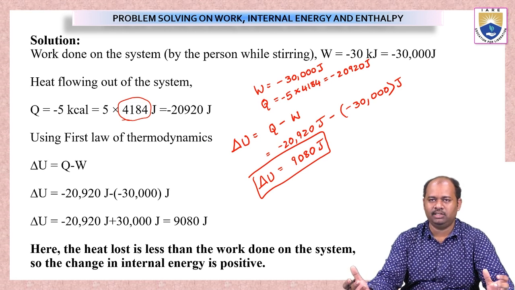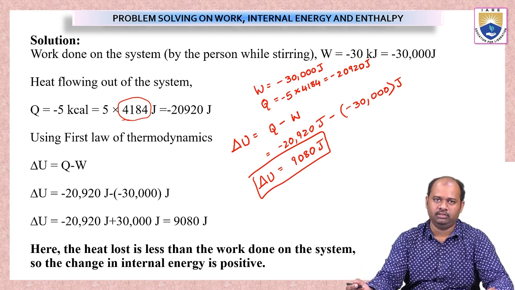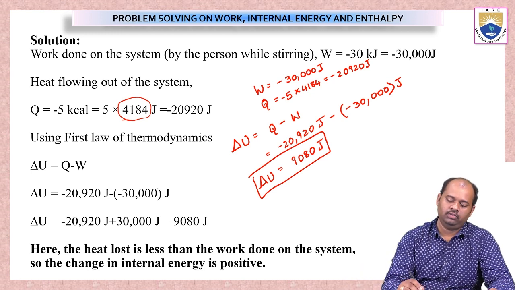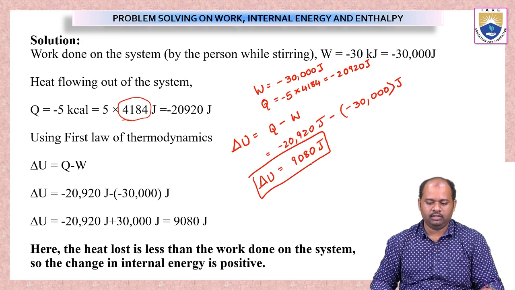So we have to change the signs accordingly and calculate the change in internal energy. The change in internal energy in this question is about 9080 joules. So these are the numerical examples that are calculated on internal energy, enthalpy and work.